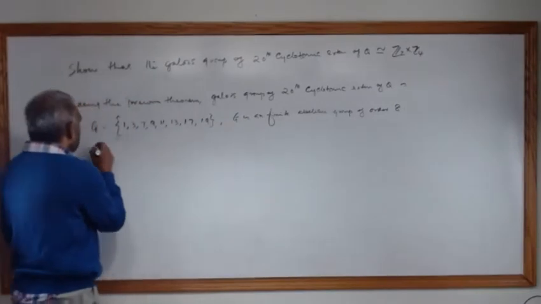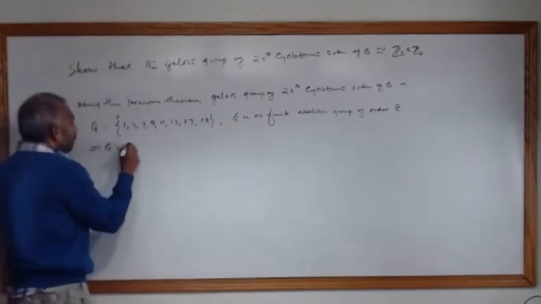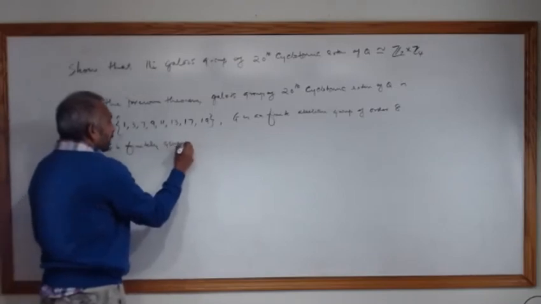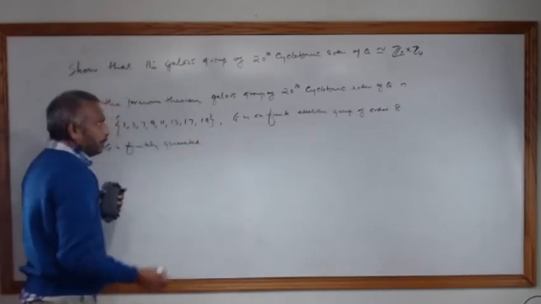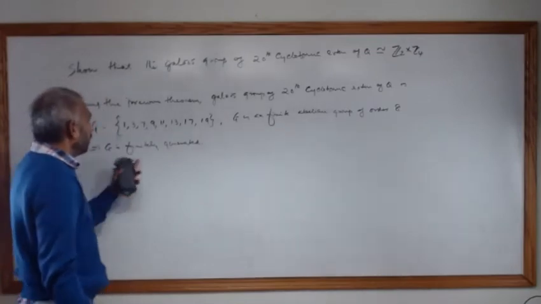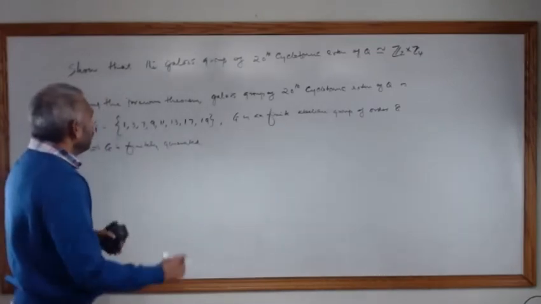So that means G is finitely generated because it's already a finite group, so it definitely has to be finitely generated.